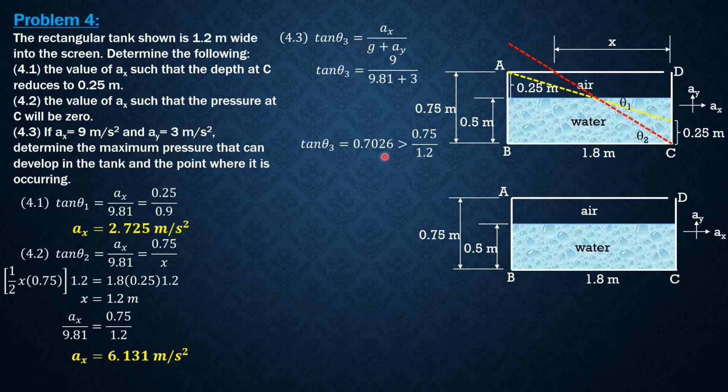And this slope 0.7026 is greater than the preceding slope here, the red one, which is 0.75 over x, which is 1.2. 0.75 over 1.2 is only 0.625. So therefore, the slope should be greater than this second situation. So the surface should cross to the left of C and the top portion as shown in the figure, so that this is theta 3.